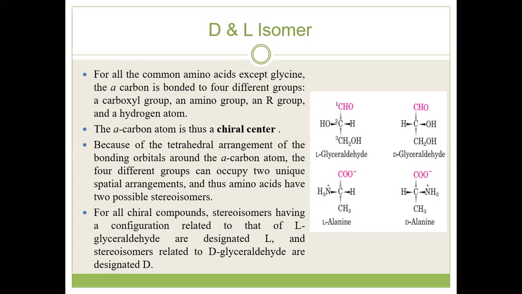But in the case of amino acids, they exist naturally in L isomers. However, some D isomers can be found naturally in some mammalian tissues and some bacteria.